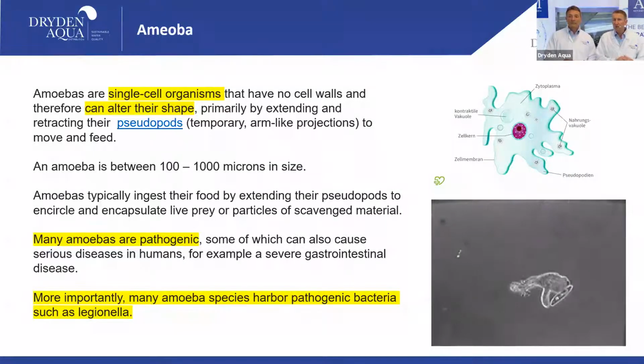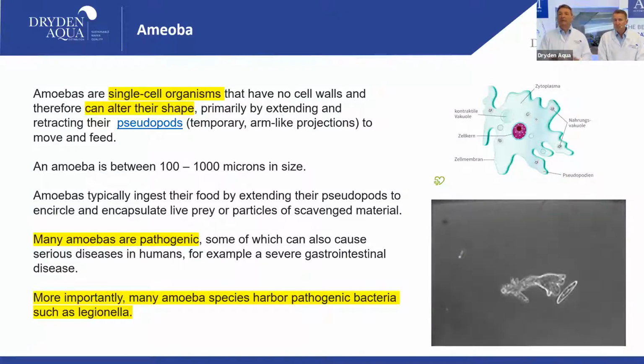This is an amoeba, and you can see how it moves, and it actually has, what is it called? Pseudopods. It's like arms that it can extend to encapsulate its prey. They're relatively big in size, 100 to 1,000 micron, up to 1 millimeter, so easy to filter.